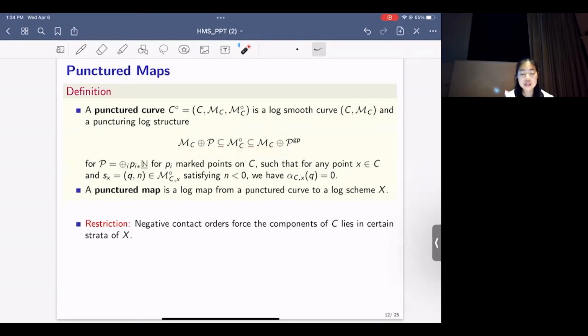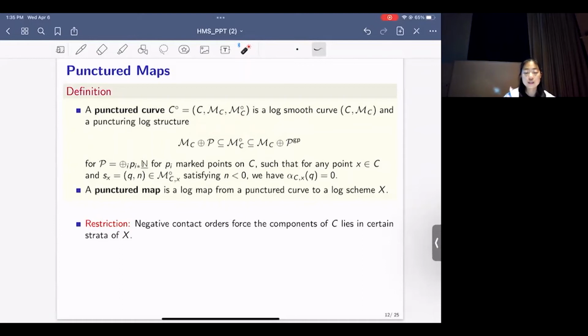In addition to that, since we are allowing negative orders over here, suppose something is negative over here; when we map it to the structure sheaf, that thing must map to 0. Otherwise we cannot take the inverse of that function.